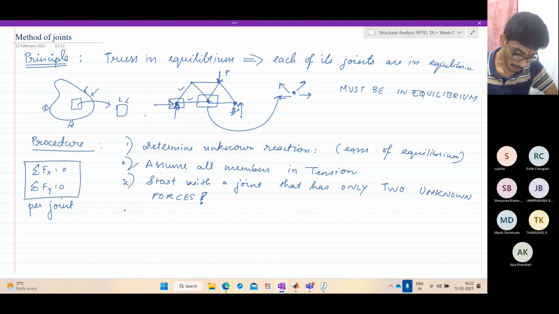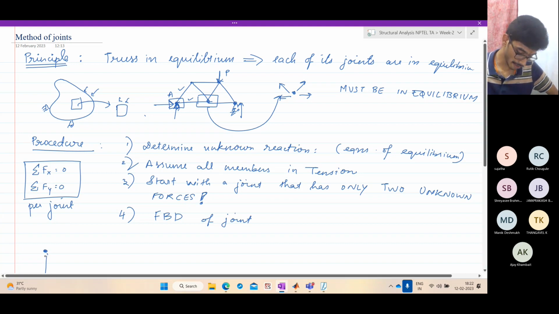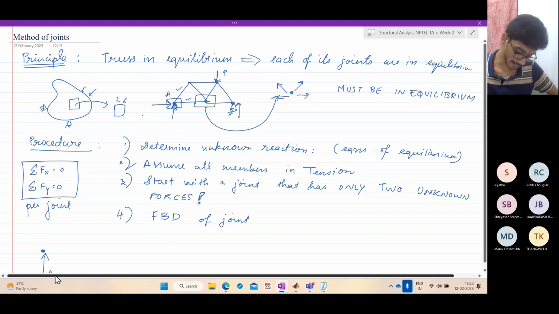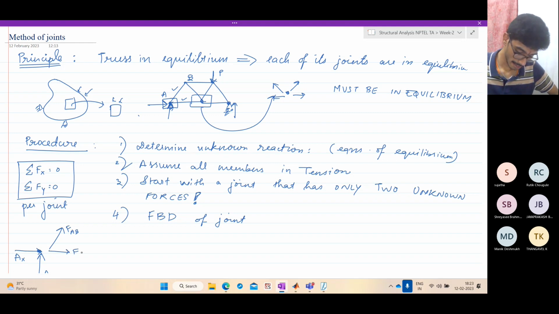How do you get it? Now draw the free body diagram of the joint. So you represent the joint, say if you call the joint A, you have a known vertical reaction AY, a known horizontal reaction AX, and you have an unknown force FAB, calling the other joints B, C, D, and so on.